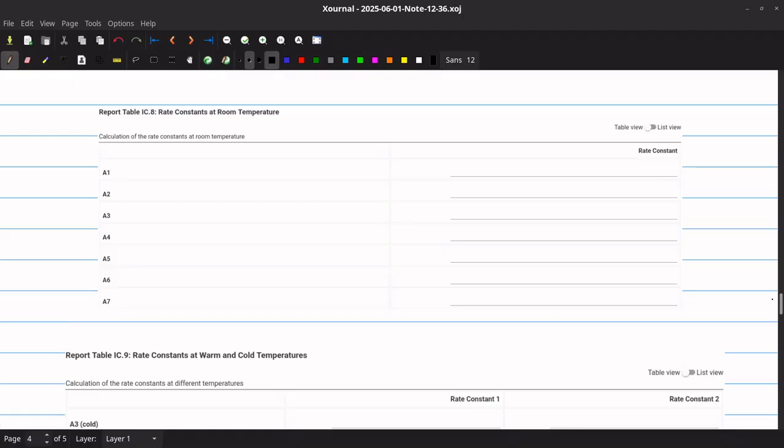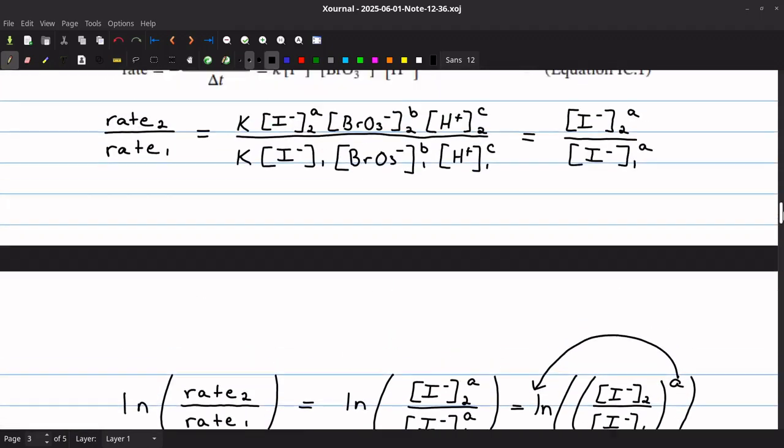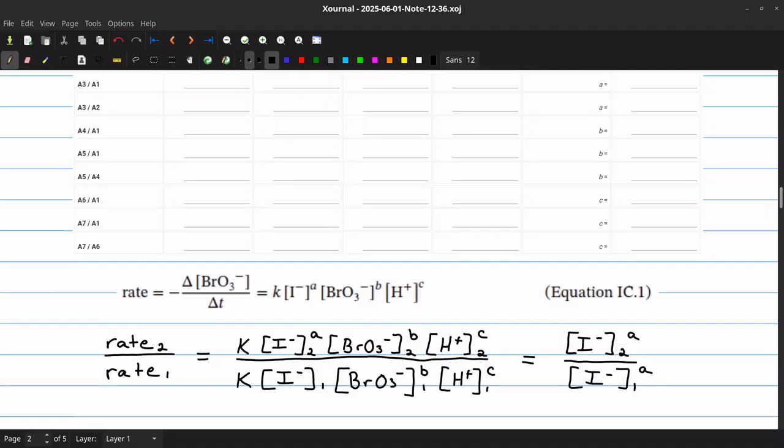The next thing we're going to be faced with is to get the rate constants. And if we go back and consider the rate equation, this one right here, we now have a table with all of the rates. We have a table with all of these initial concentrations, and we know the orders at this point.